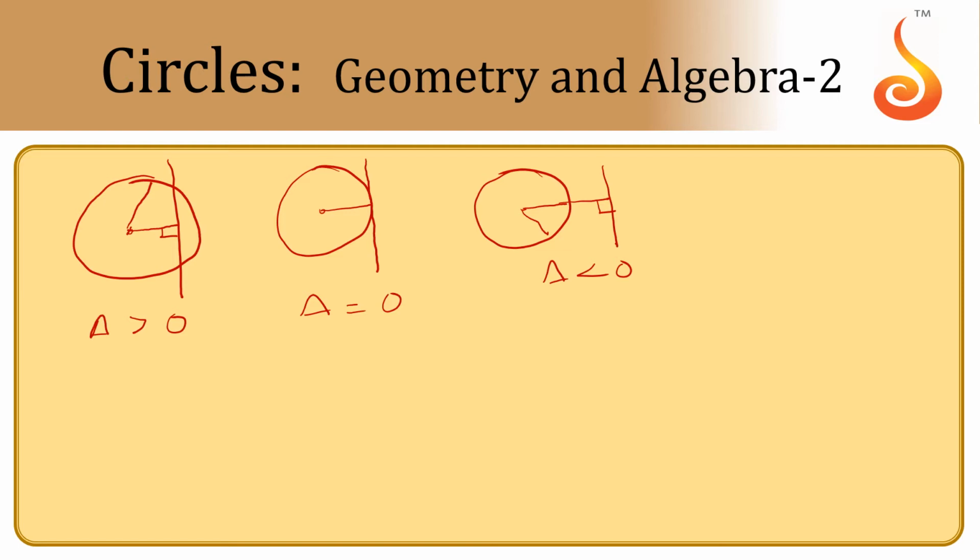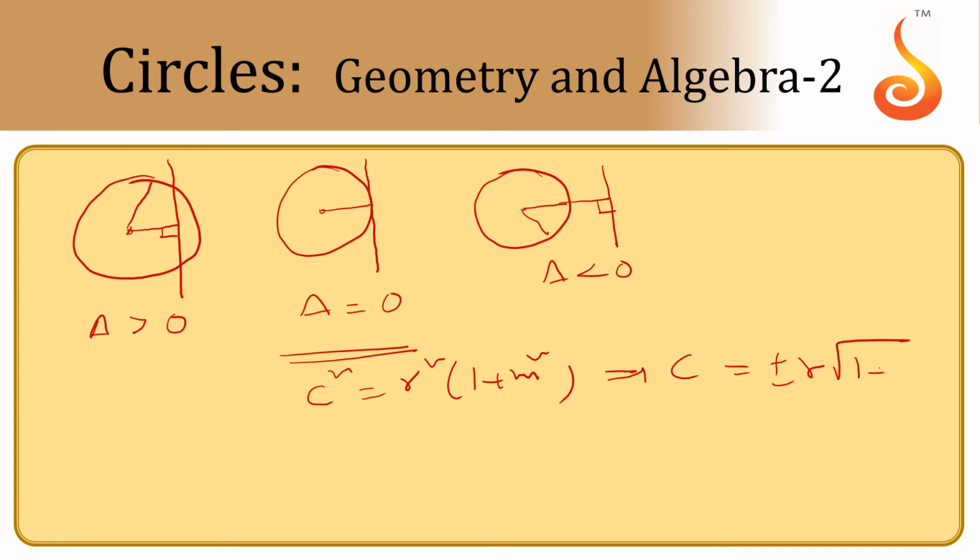So what is the condition for tangency? Delta must be 0. So can I say c square equals r square into (1 plus m square), which implies c will be plus or minus r root (1 plus m square). So y equals mx plus c, when I took it, is a straight line in the plane.